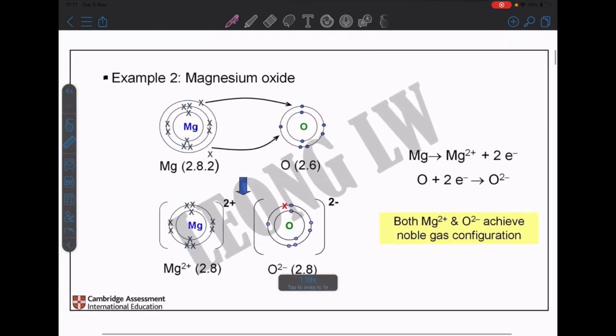Same for magnesium oxide. As you can see here, now the charges are different because this just means we are removing 2 electrons and we are gaining 2 electrons.